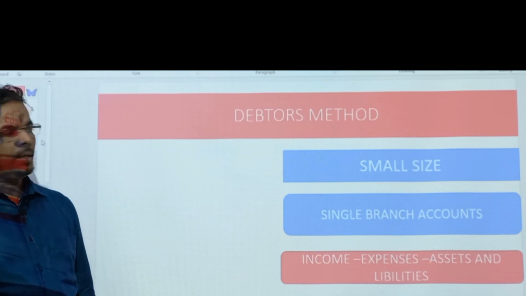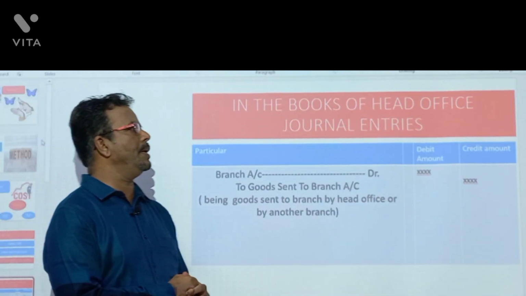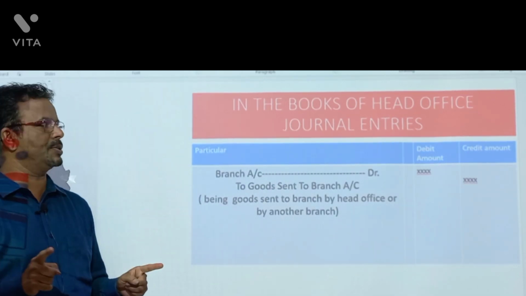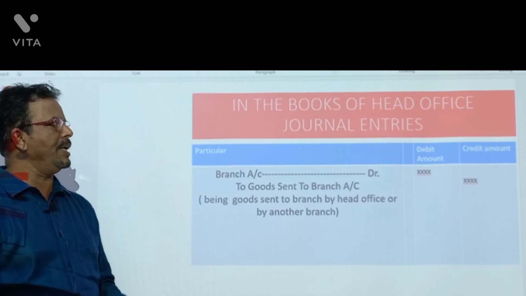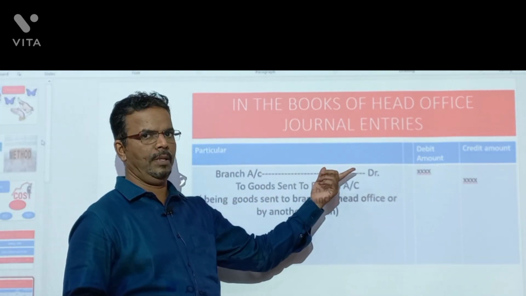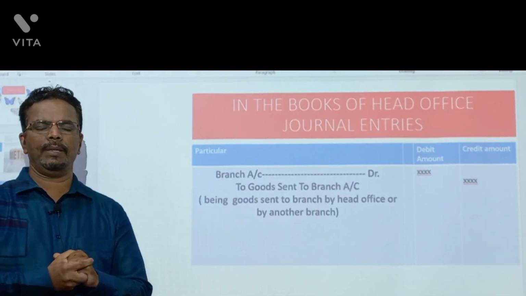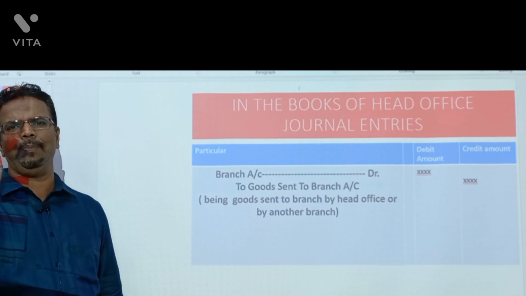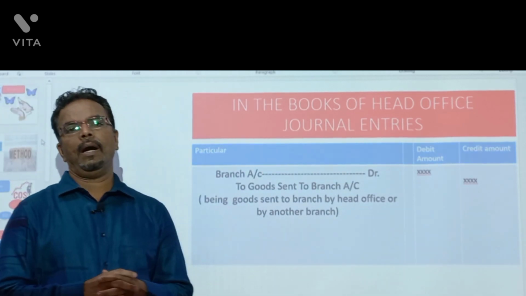So let's pass the journal entry in the books of the head office, because this is a dependent branch. Under a dependent branch, all the major accounting is done by the head office, not the branch. So let's start the journal entries one by one. Remember that all the journal entries are very important. In objective questions, these journal entries can be asked.